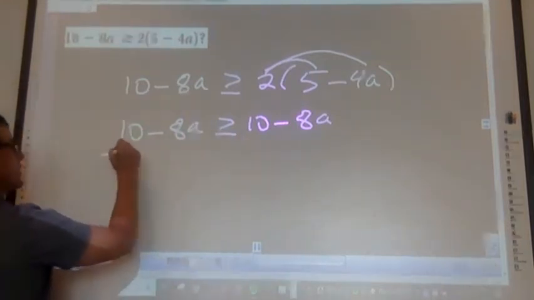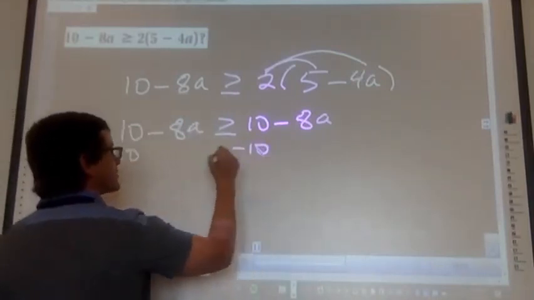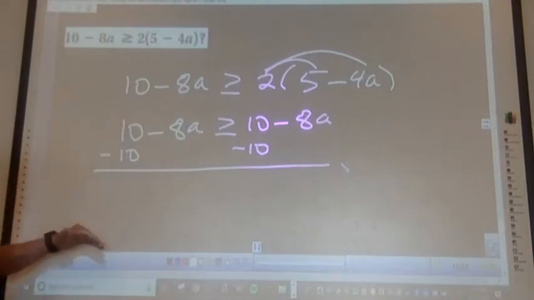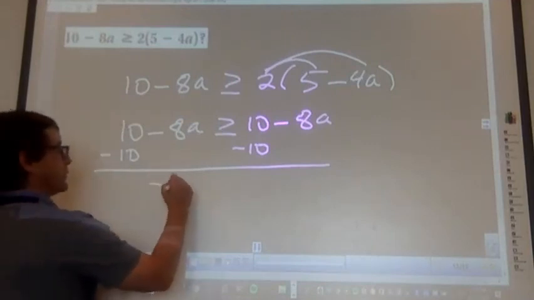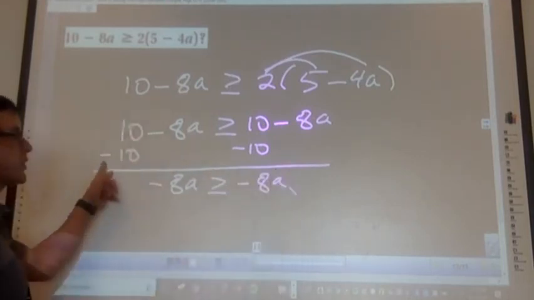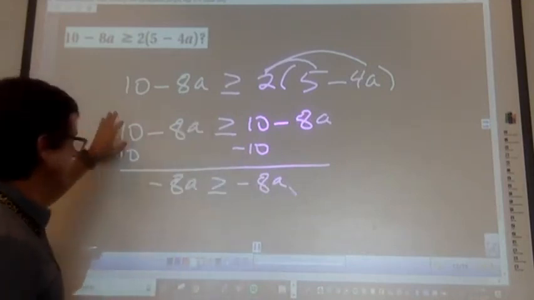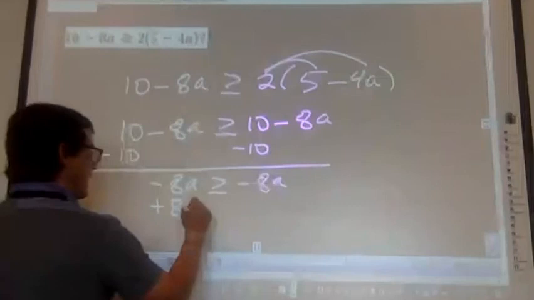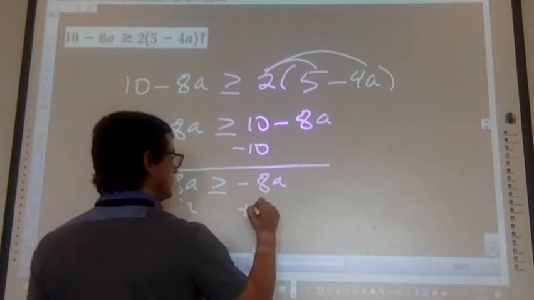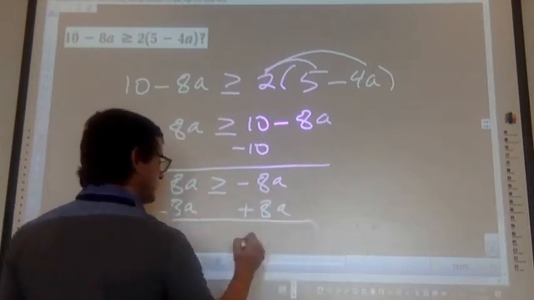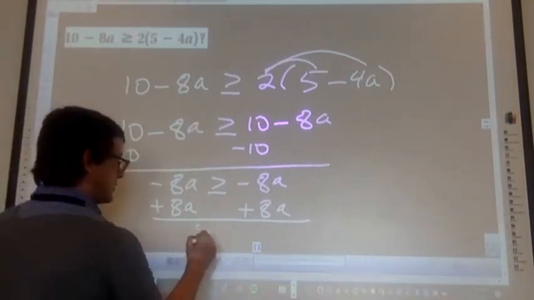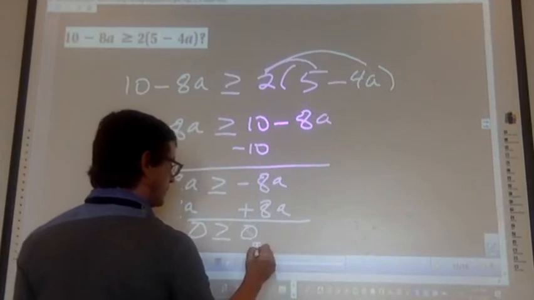Same thing, right? So I'm just going to continue to show you steps, because in case you don't realize you have infinite solutions right here, you can keep going in the problem, and hopefully it'll be more clear. So I subtracted 10 from both sides, which got rid of the 10s. And then if I add 8a to both sides, you get 0 greater than or equal to 0.